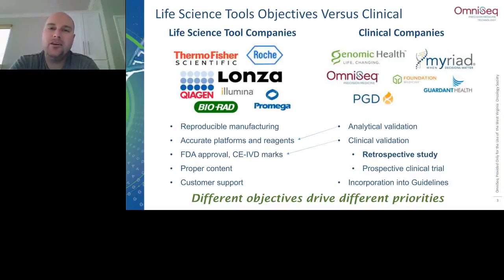CE-IVD markings in Europe have a slightly lower bar, which is why many life science tool companies start with CE-IVD approvals and then move from there. But it is very similar on the clinical space to the clinical validation, but the robustness of the study has a different focus and a different rigor to it for clinical companies.